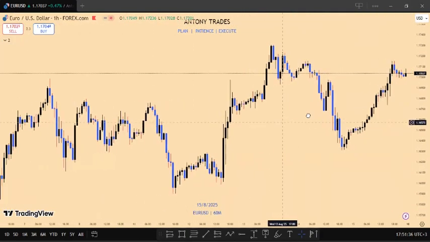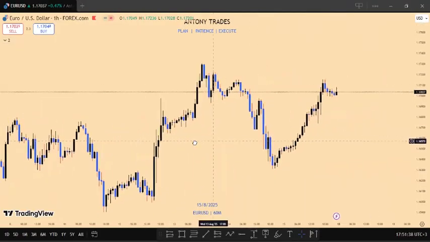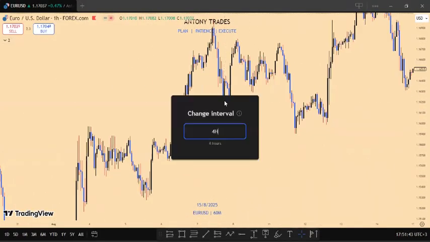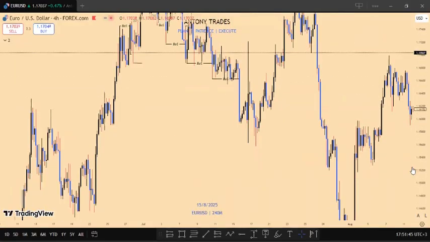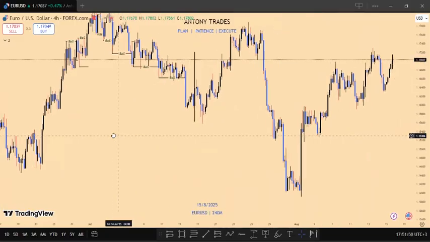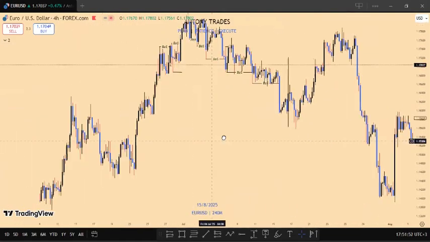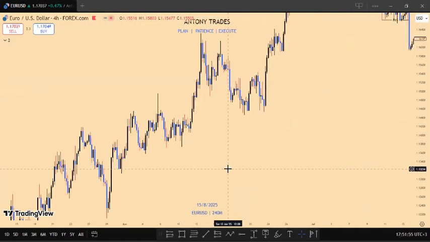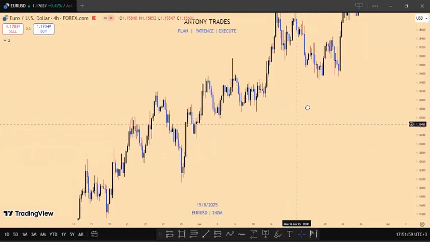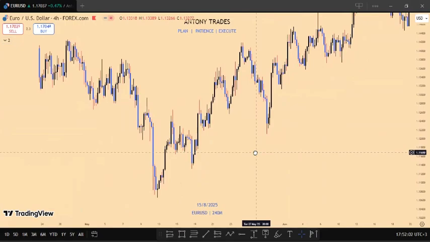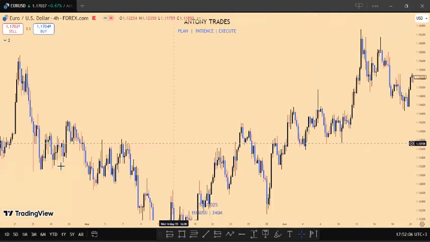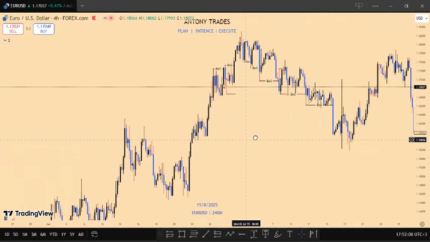Go to the forward time frame. Check the right next clean example for minor inducement. All right.